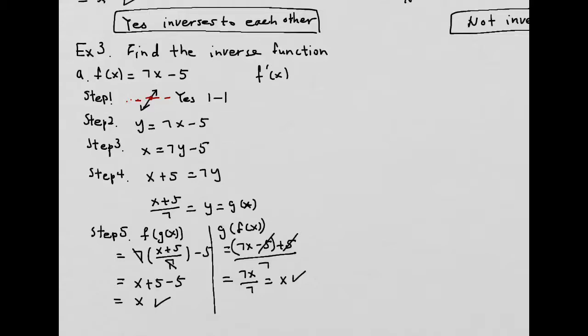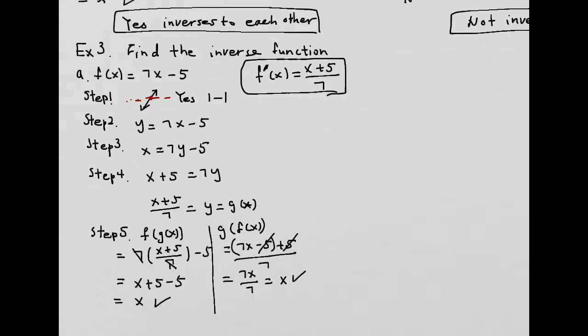The inverse function of f of x is going to be x plus 5 over 7. They asked me to find the inverse function of f of x, so I will say f inverse of x is x plus 5 over 7.